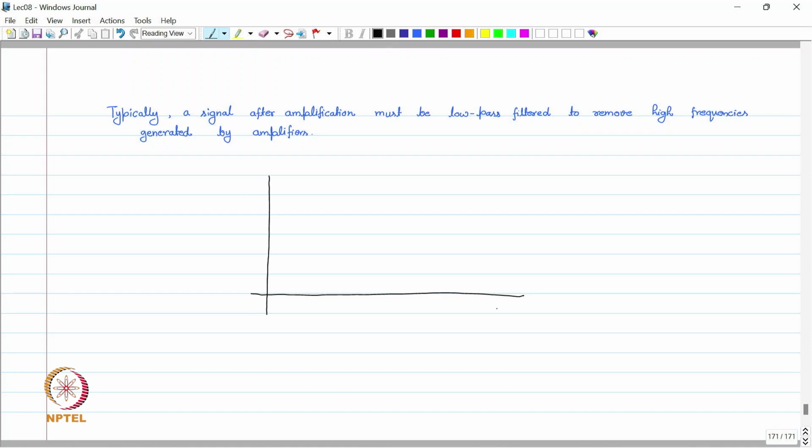we plot this graph, which has frequency on the x-axis and gain on the y-axis. So now our signal is getting amplified. Now we apply a filter, and the filter has certain characteristics. For example, it has a pass band and a stop band.